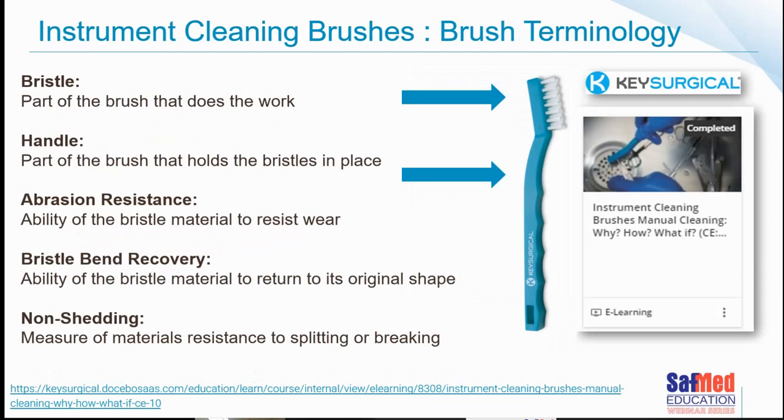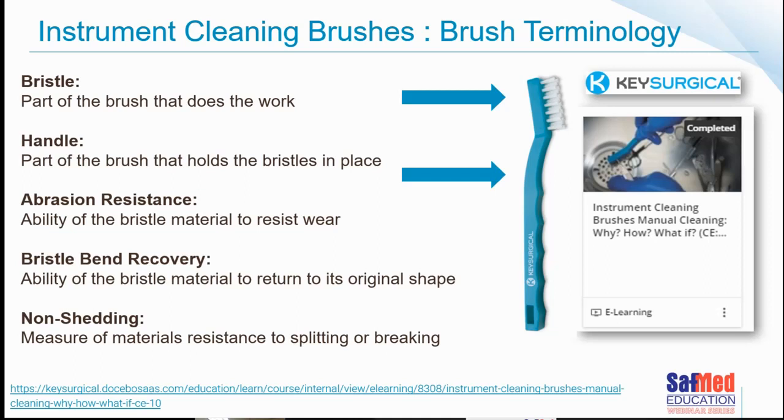The course began with some understanding around terminology relating to brushes, important point, of course, if we're talking about them. It started off by describing what is a bristle, the part of the brush that does the work. What is the handle, the part of the brush that holds the bristles in place. Then some new words I had not heard before: abrasion resistance, the ability of the bristle material to actually resist wear and tear.